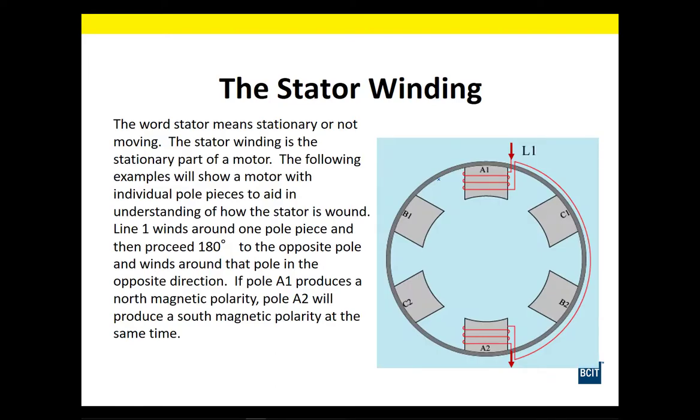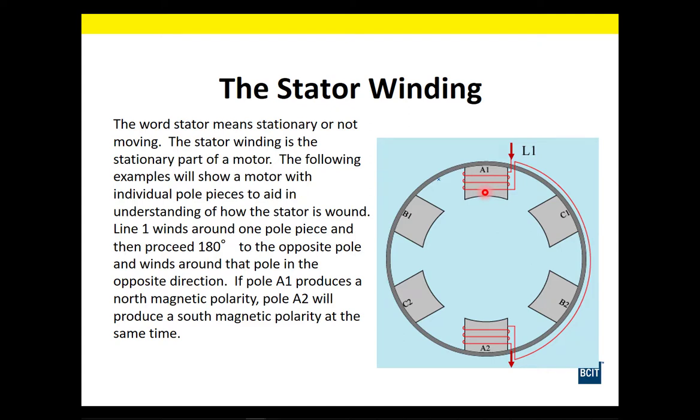Here's a diagram showing a two-pole stator. We have L1 wrapping around pole A1, and the other end of the coil wraps over to pole A2. Now, we can use our left-hand rule for coils and follow the current direction on this arrow, looping our current around in this fashion.